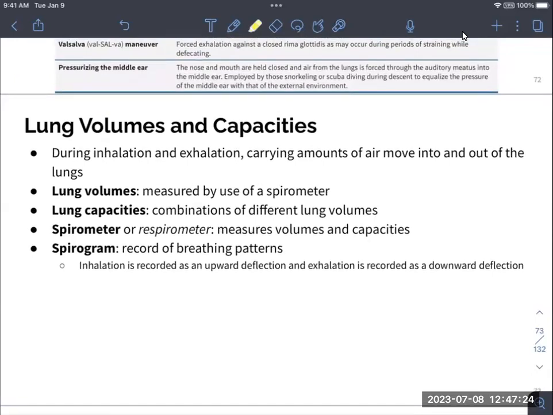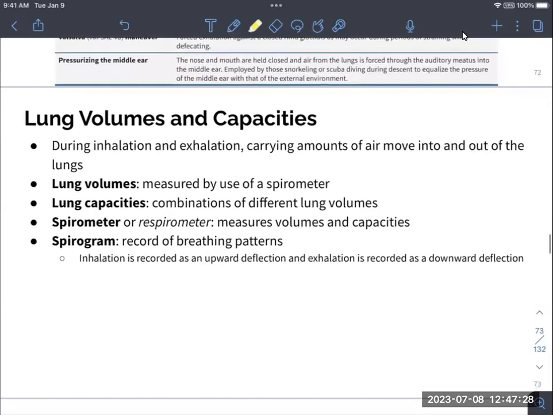So we have ways, of course, to test lung volumes and capacities. We usually use a spirometer. We have some of these in the lab, and we can have a chance to play with them and use them and see how your breathing is.